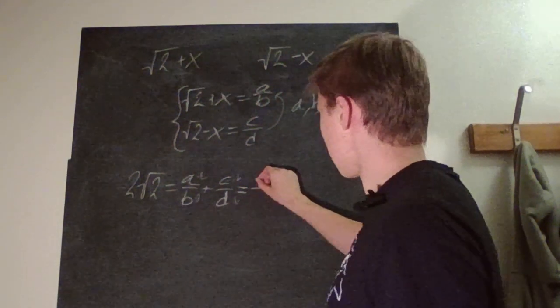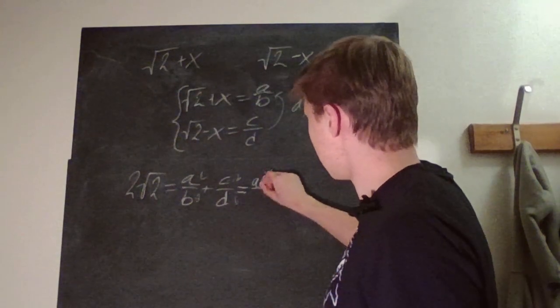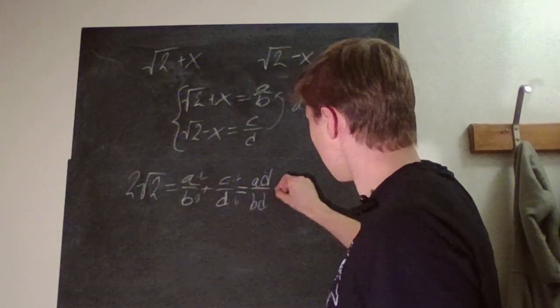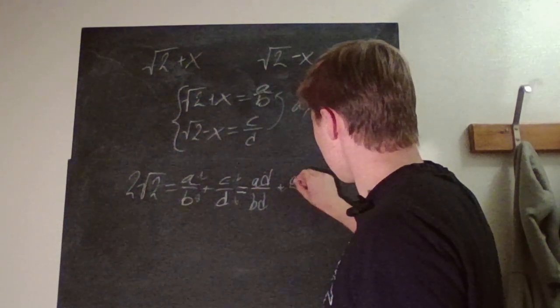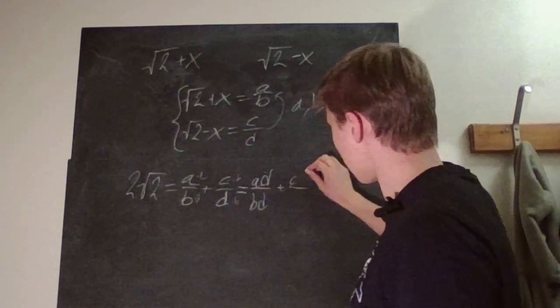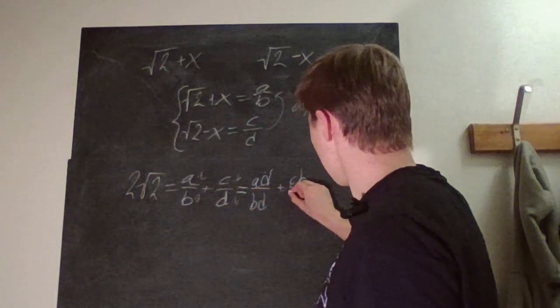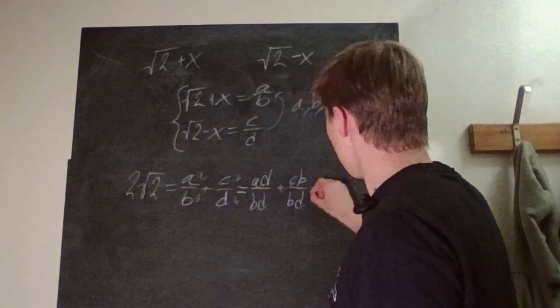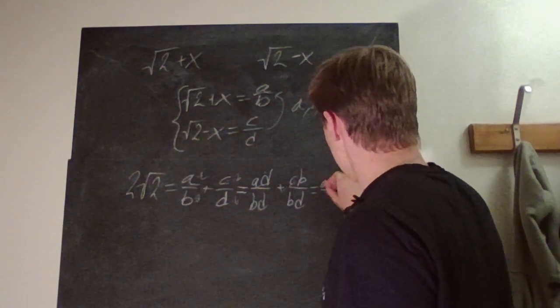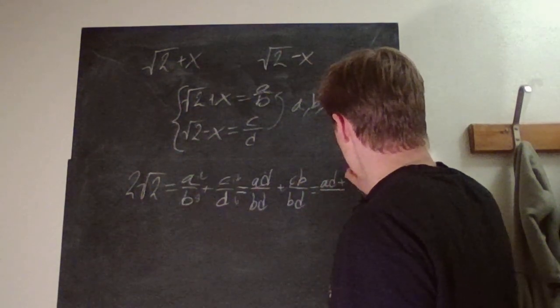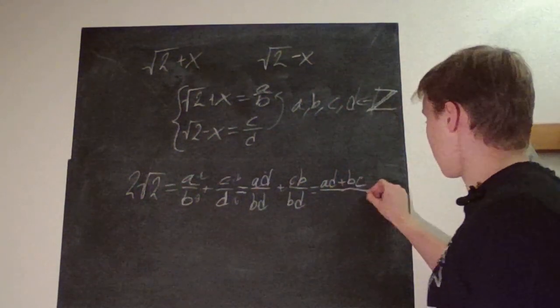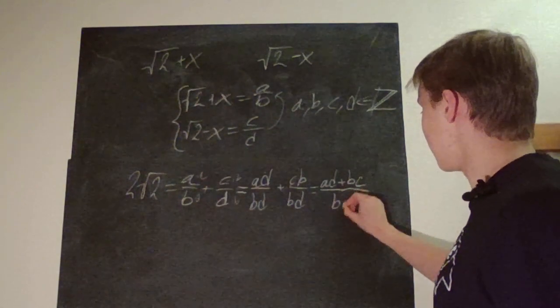What do we get then? We get AD over BD plus CB over BD again, which is just equal to AD plus BC over BD.